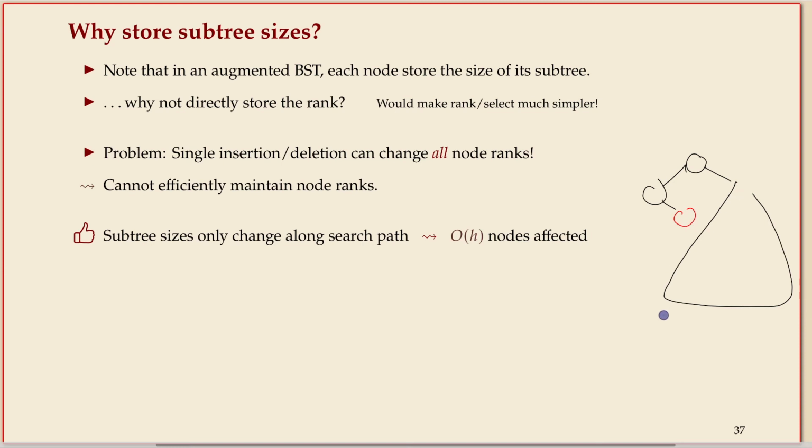But now suddenly the rank of all this huge bag of elements increases by 1 because there's one more smaller element. So there's really just no way we can update those in time proportional to the height of the tree. We would have to go to each and every single one of them and update their rank. That's not possible. Not without tricks that come out to be equivalent to what we're doing already.